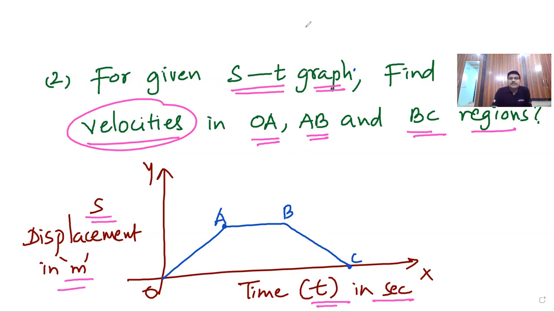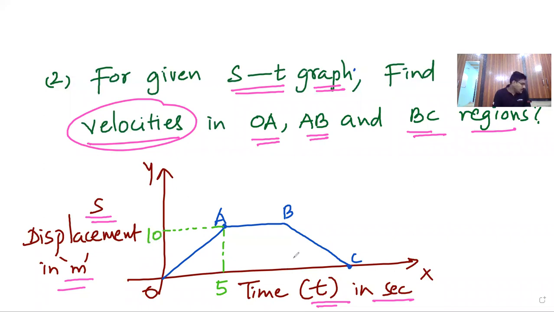The intersection points are also given here. For OA, the coordinates are: on the x-axis, A is 5 seconds, on the y-axis, A is 10.